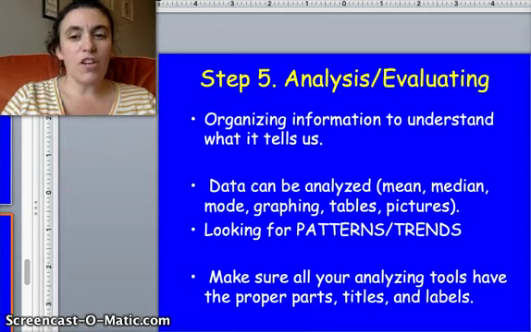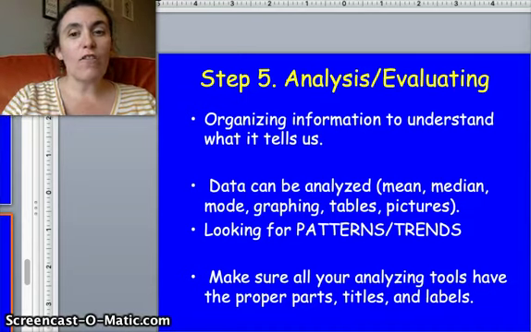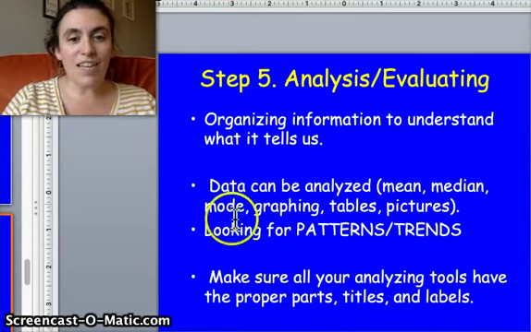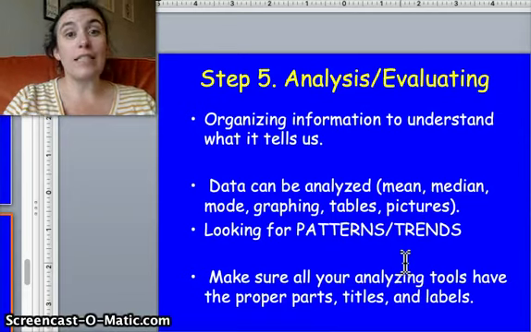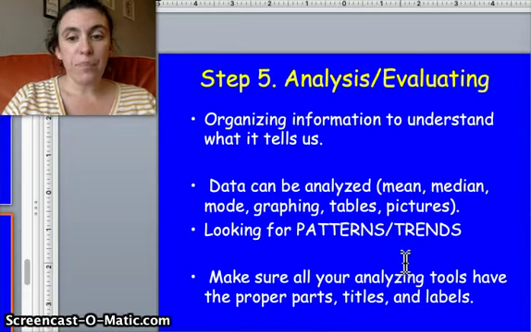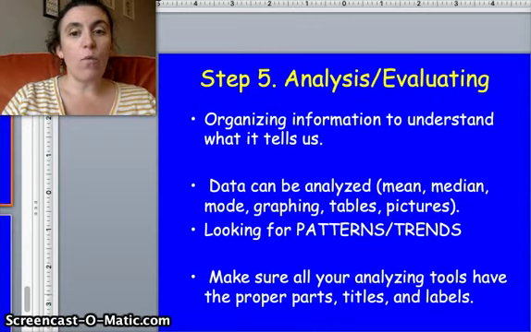So you're analyzing. You're looking for mean and median and mode. You're going to look at those graphs and tables and pictures. You're going to look for keyword here, patterns and trends. Is it increasing? Is it decreasing? Are you actually seeing that effect? And we'll talk a lot about how we're actually going to create a good graph and good data table later too.